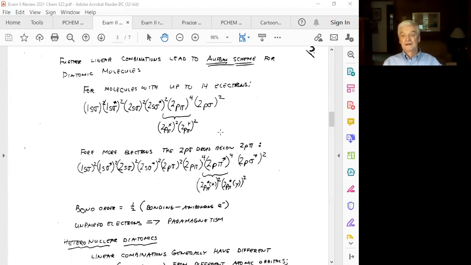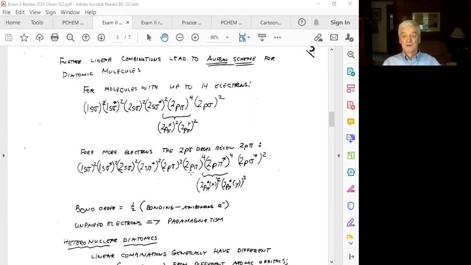Okay, then we learned the Aufbau scheme, and keep in mind that you have a switch in order. If you're up to 14 electrons, the 2p pi electrons are below the 2p sigma. So this would be the scheme for the first 14 electrons. After you get past 14 electrons, starting with N2, for example, the 2p sigma orbital falls below or comes before the 2p pi orbital.